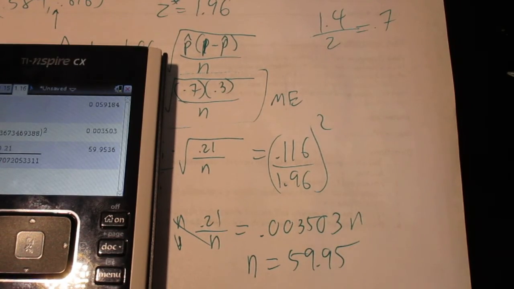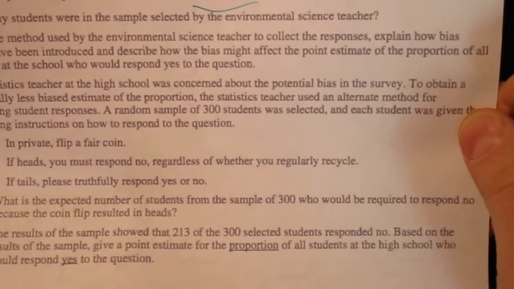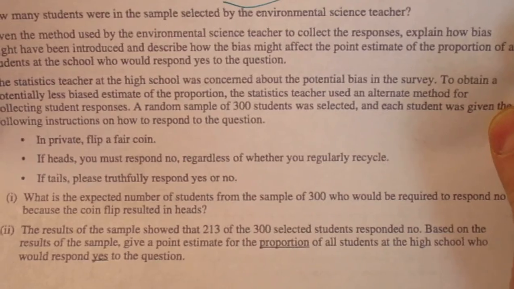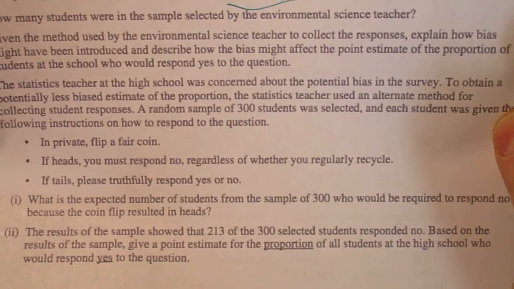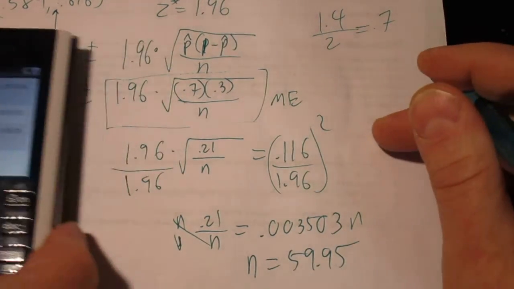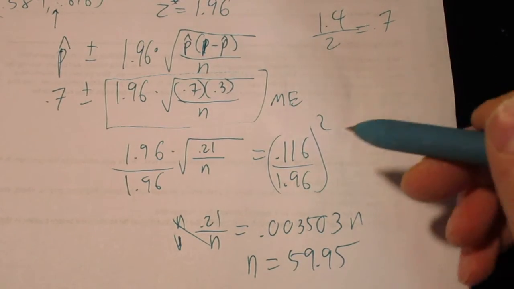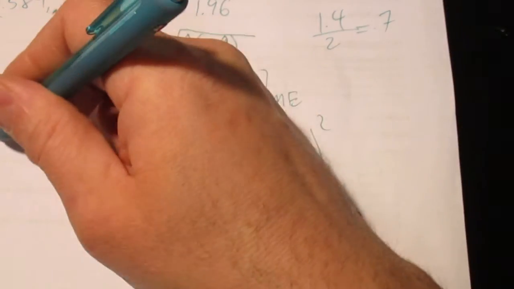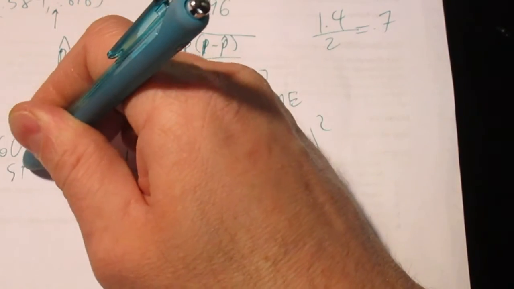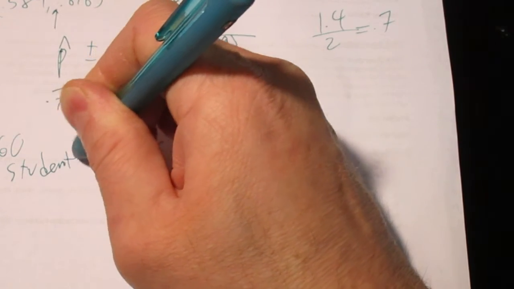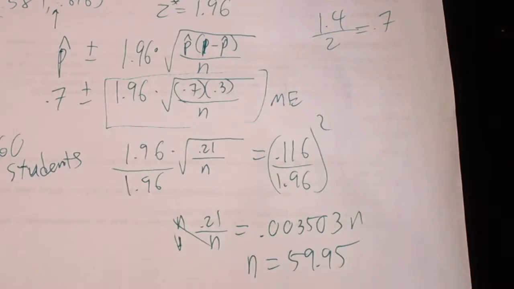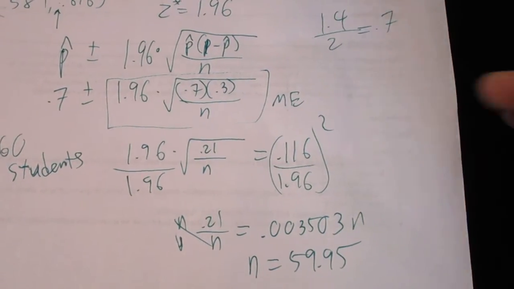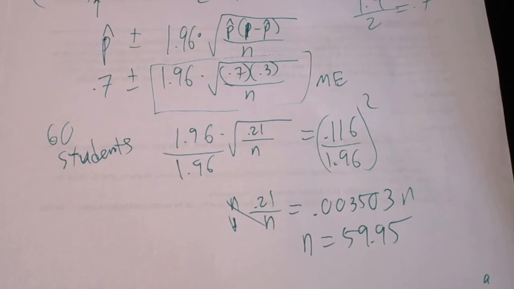Alright, what was the question? How many students were selected? I don't know. I'm going to say 60. I honestly don't know if in this case we should round up or down.